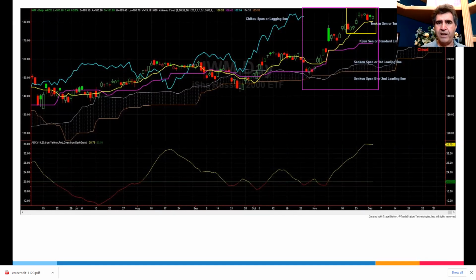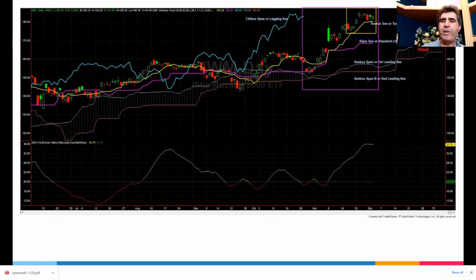There are 5 lines, and I will explain how they are calculated, but I want to look at it visually first. There are 2 lines: you see the yellow line, which is the Tenkan-san, which in English we call the turning line or converging line. Then there is the Kijun-san, which is the standard line or baseline. These 2 lines are the present.